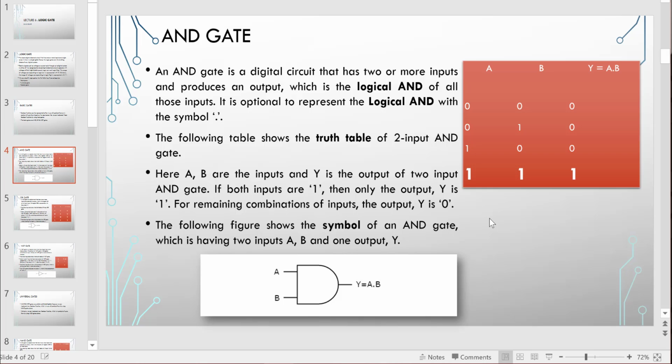So there is only one case in which the AND gate will give you the value 1 in the output. This is the truth table of the AND gate, and you represent your AND gate with the D-shape, right?